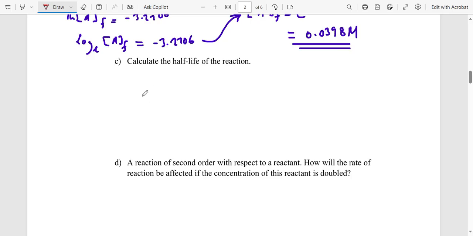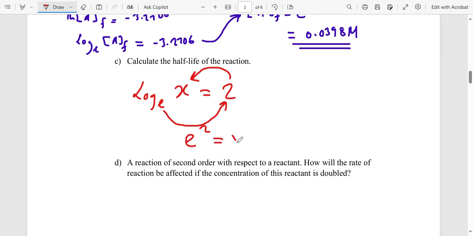What we are saying is this: if you have log in base e of x is equal to 2, the base will be raised to this number, and that will be equal to whatever number is here. So it will be e to the power 2, and that will be equal to x. It is always the base raised to the power, the end number, and it will be equal to the number in the middle. Okay.